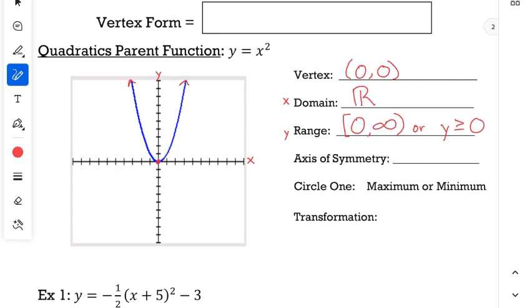Our axis of symmetry is a line that cuts the shape, whatever it is, in half. So when we had the V, it was cut in half. And we were able to draw a dotted line down the middle. We'll do the same thing here. So I'm going to draw a dotted line down the middle. And it actually goes through the vertex.